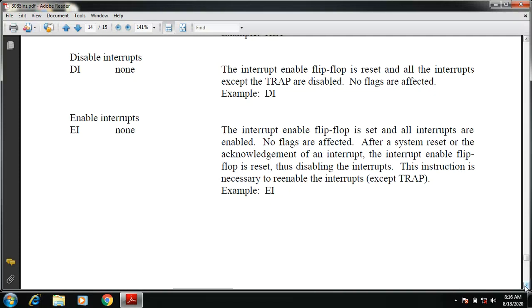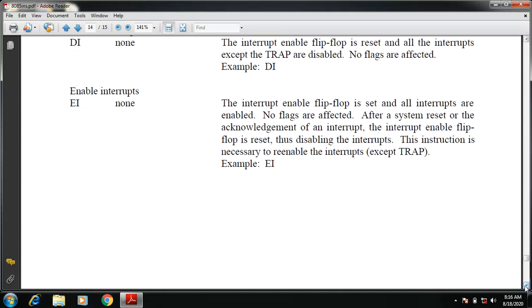No flags are affected in disable interrupt. RST means restart interrupt.